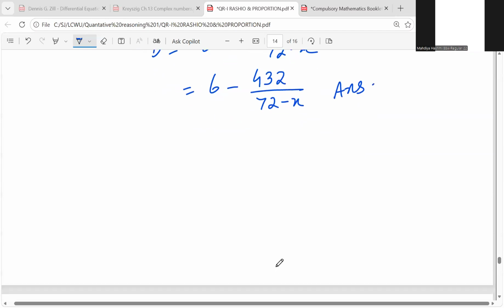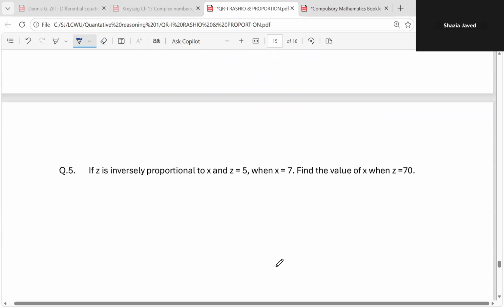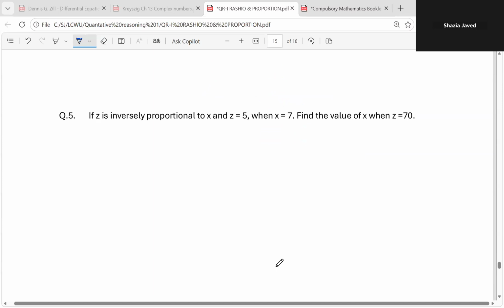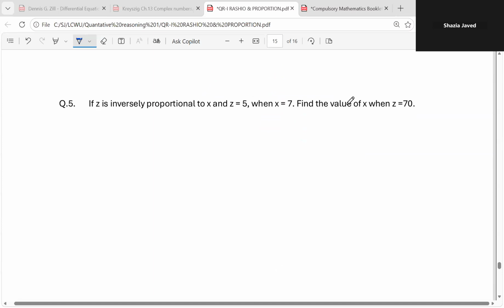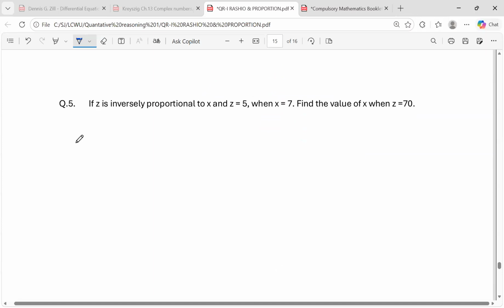Yes, ma'am. So next question, question number 5. If z is inversely proportional to x and z is equal to 5 when x is equal to 7, find the value of x when z is equal to 70.